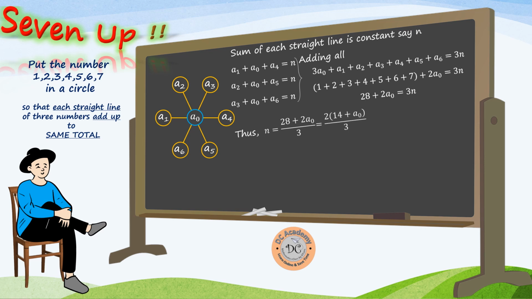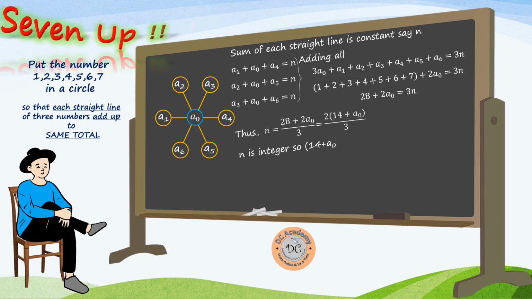Now we can see that 2 can be taken common from the numerator, so it is 2 times (14 plus a0), divided by 3. It is obvious that n, the total sum, must be an integer. Why? Because 1, 2, 3 up to 7 are all integers, and the sum of integers is an integer.